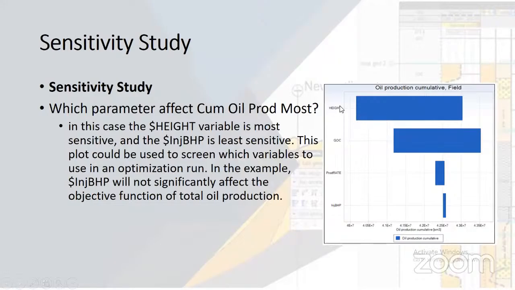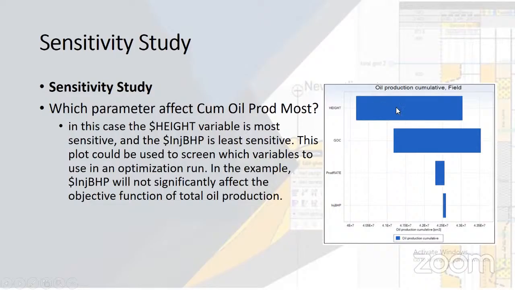Okay. For example, as you can see, we want to know the effect of the height of our reservoir, the gas oil contact, the production rate, and the injection bottom hole pressure. We wanted to know the effect of the 4 parameters on the cumulative oil production.